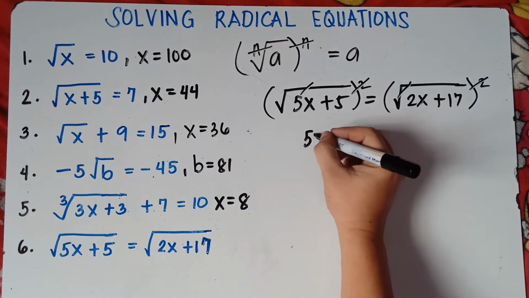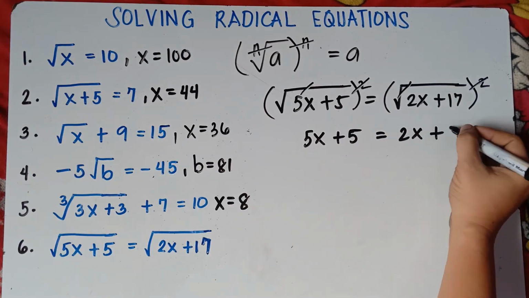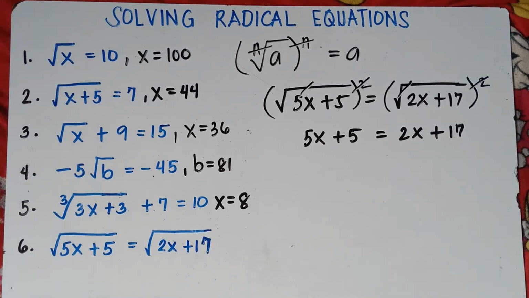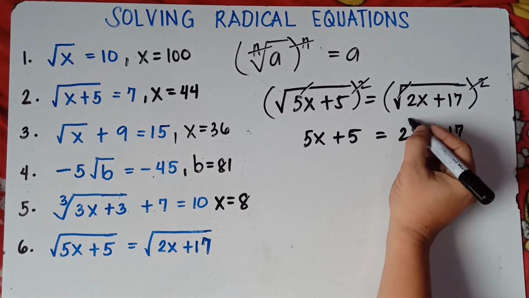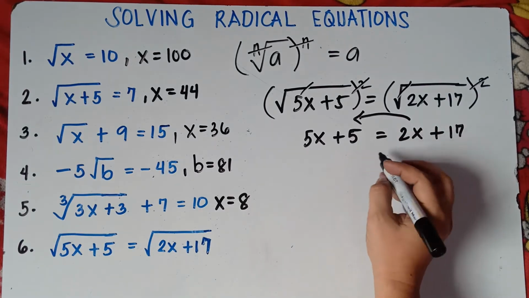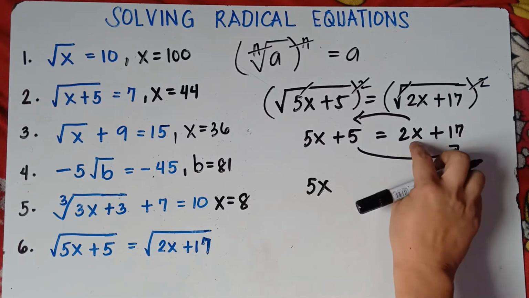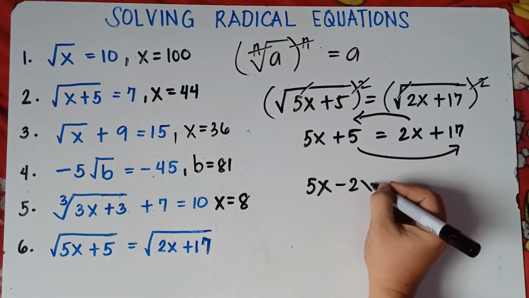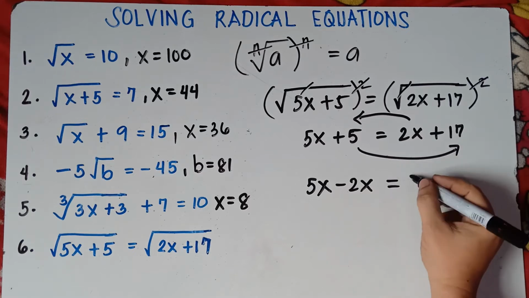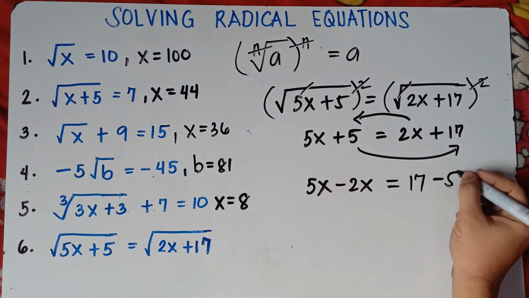This will be 5x plus 5 equals 2x plus 17. To get the value of x, we transpose this 2x from right to left, and we change the sign. And this 5, we transpose from left to right. So this will be 5x, this is positive 2x, it will be negative 2x, equals, copy 17. This is positive 5, it will be negative 5.